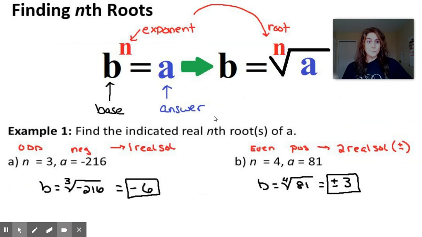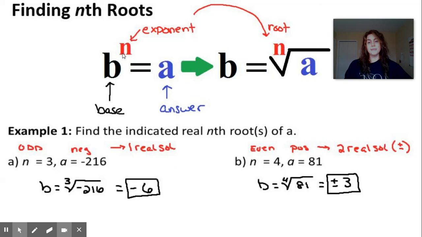Now I can go back and forth. As I said, I can take the exponent and find the answer, or if I want to find the base of it, I just square root it, or sorry, nth root it, I should say. And then that's what's bringing us into our solving. We're going to build on that.